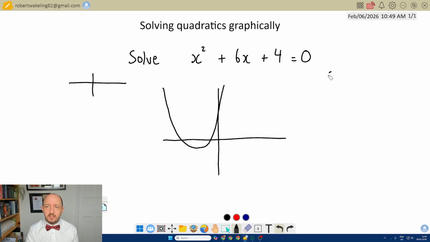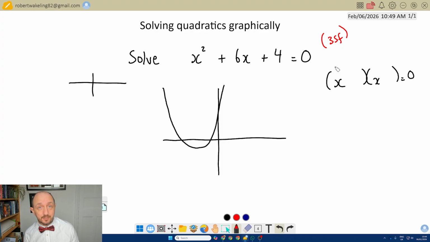You've tried to do your U-shaped curve as best you can, and it wants you to solve the equation. We usually solve by quadratic factorizing, but that won't work with this, and our answer would be rounded to 3 significant figures if we were doing it with the formula, for example. So this won't factorize, so we either use a formula or we plot a graph and try to estimate what this is going to be.